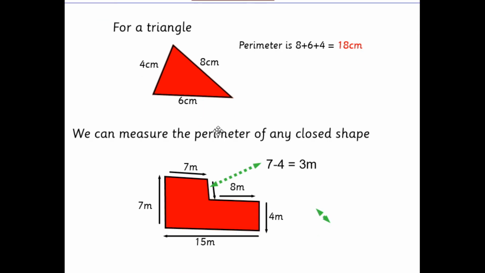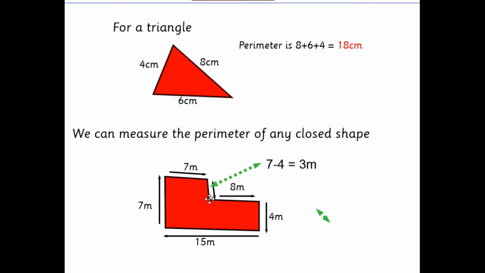We can measure the perimeter of any closed shape. Now, this is meant to be all right angles. My drawing is not all that good, so it's a rectangular shape. Here we have a dimension. Now, this dimension I left out for Ruby to work out herself.